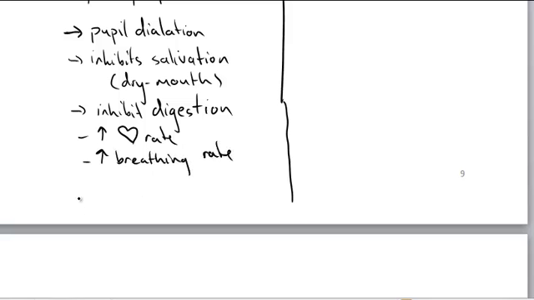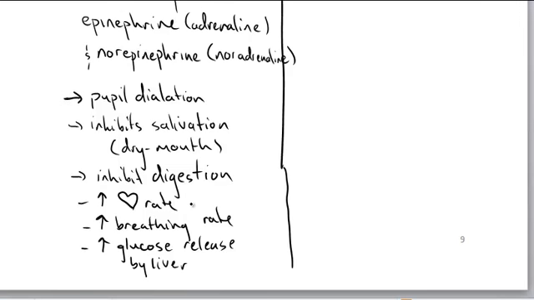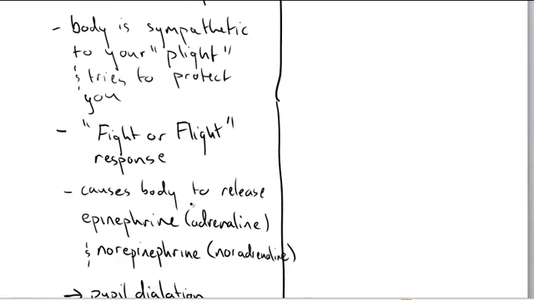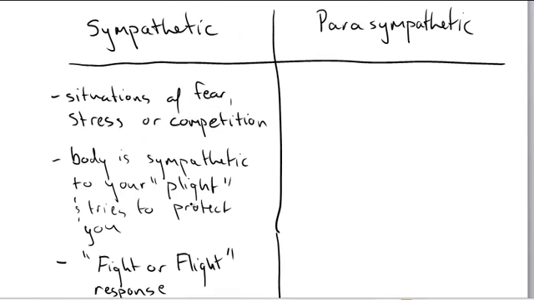And it also increases glucose release by your liver so that you can power your muscles. Okay? And when we talk about the digestion unit, we will talk about what is the connection between glucose and your liver.